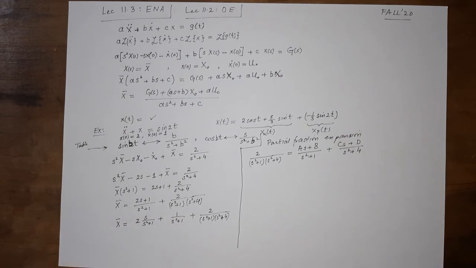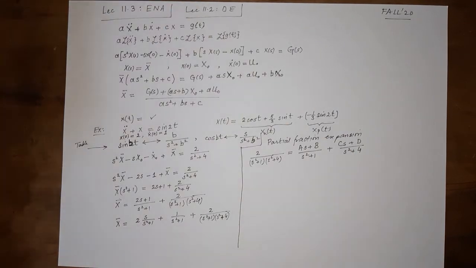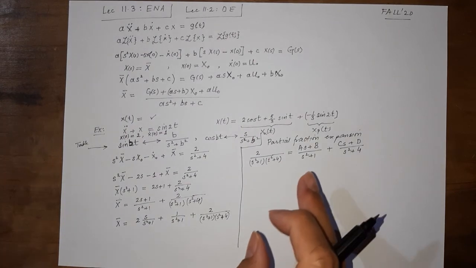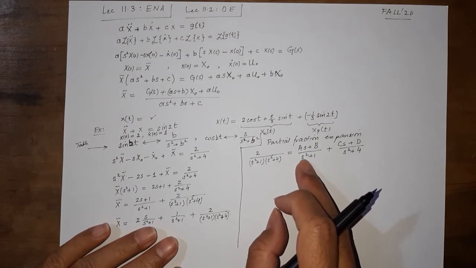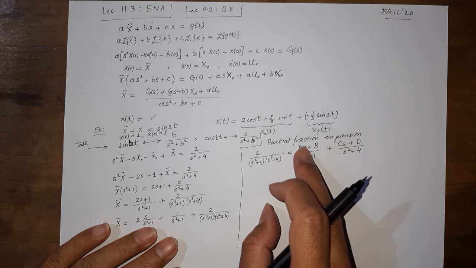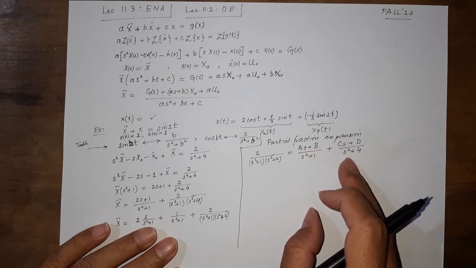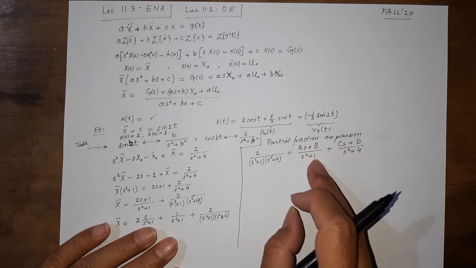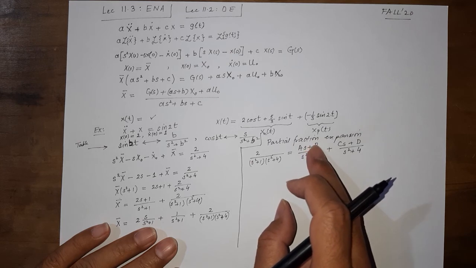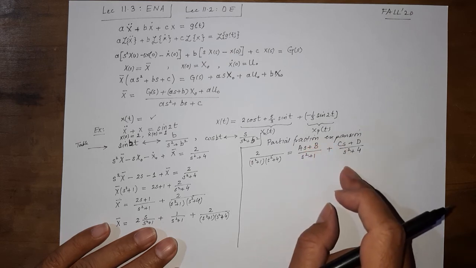This is the standard way of writing this, because this is a second order term, so we are going to have a first order polynomial in the numerator. Had this been s plus 1 only, we would put a constant above here.